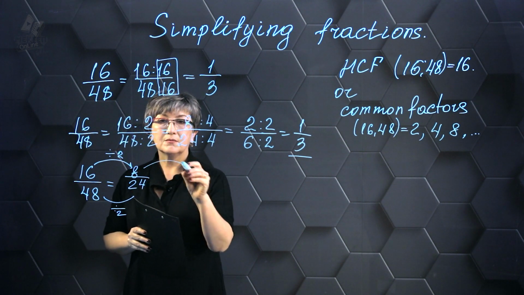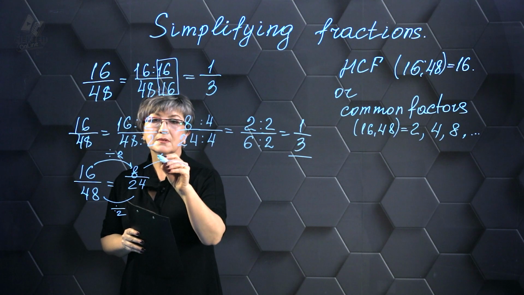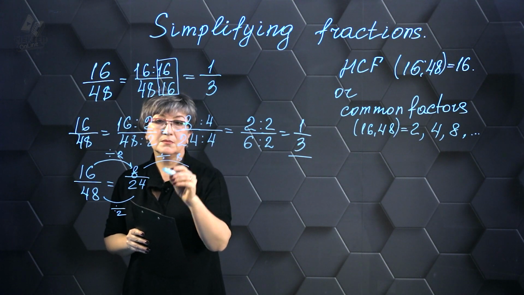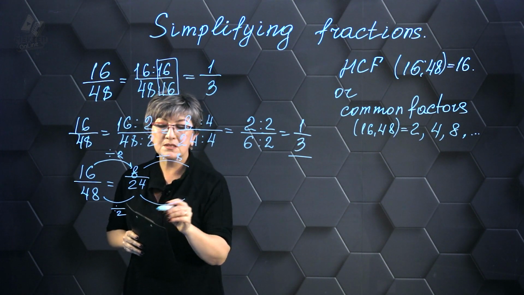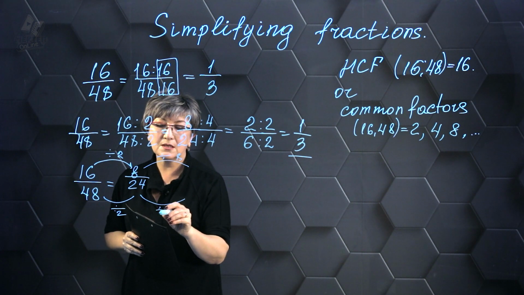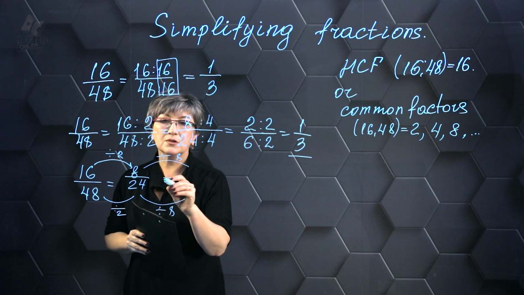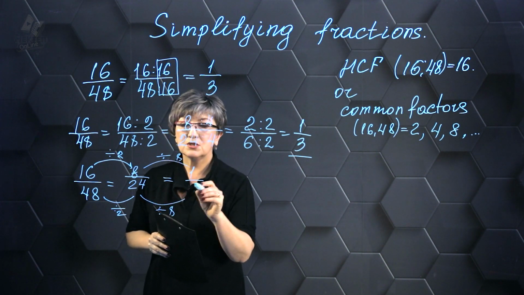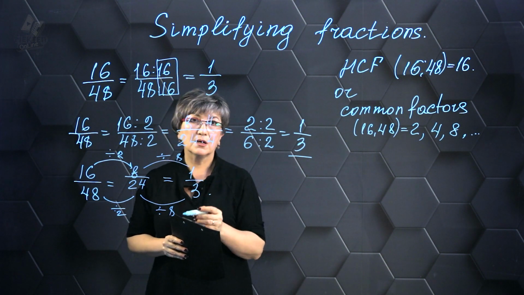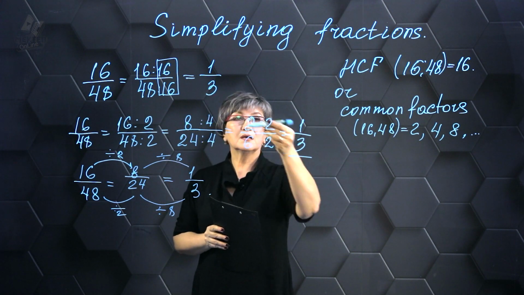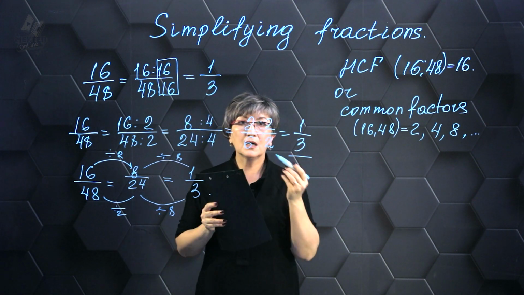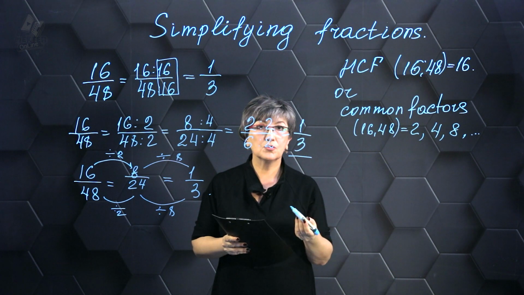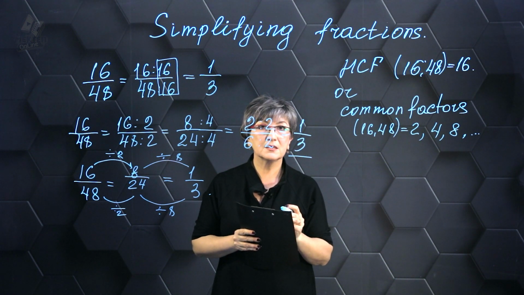And then you can divide, for example, by 8 to further reduce it. The denominator can also be divided by 8. Then 8 divided by 8 is 1, and 24 divided by 8 will be 3. As you can see, in all cases we got the same number, that is 1/3.